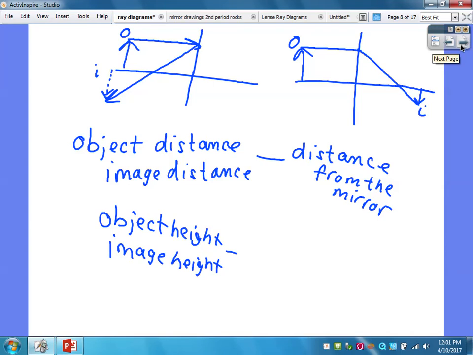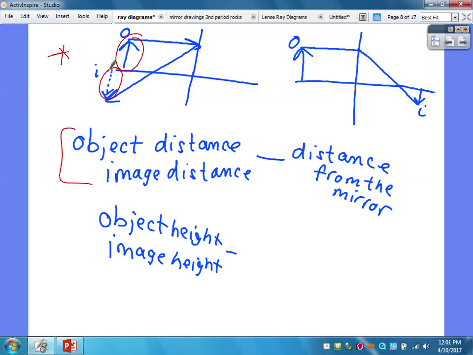Other terms we're going to talk about: object distance and image distance. Basically, this is the distance from the object to the mirror, the image to the mirror, image to the lens, object to the lens. Again, I'm going to add lenses in there because all these terms are going to be used again. So this is like an initial version of a ray diagram. Here you have your object, here you have your image. Okay?